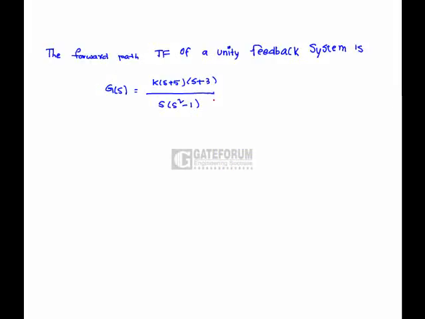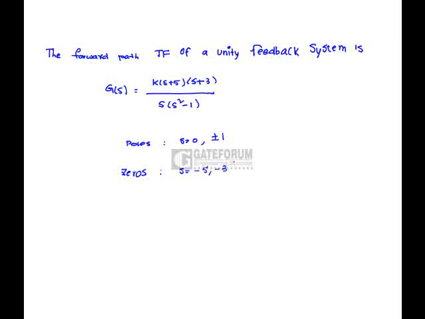What is the forward path transfer function of a unity feedback system? Here the given transfer function is nothing but an open loop transfer function whose pole locations are at s equals 0 and plus or minus 1. Similarly, zeros are located completely in the left half of the S-plane, that is s equals minus 5, minus 3.